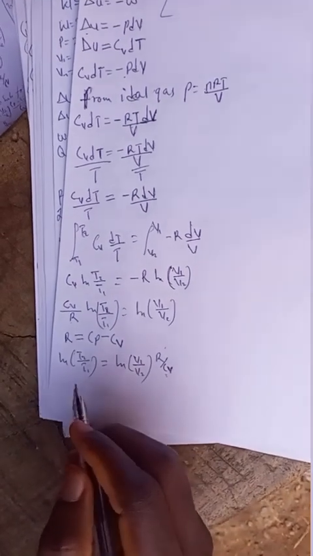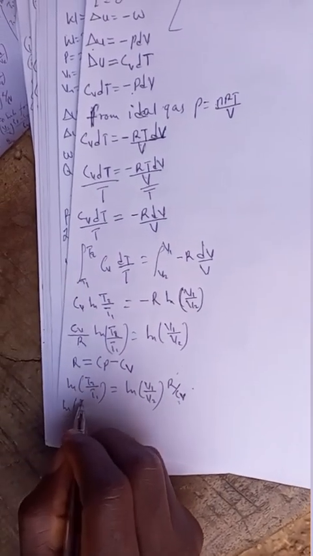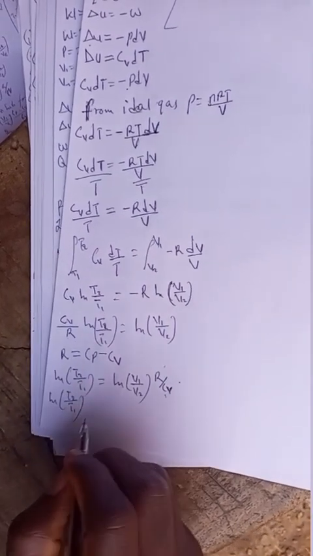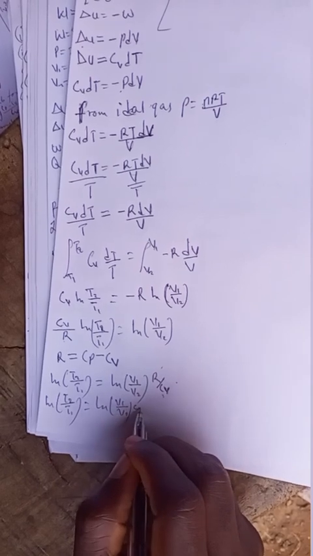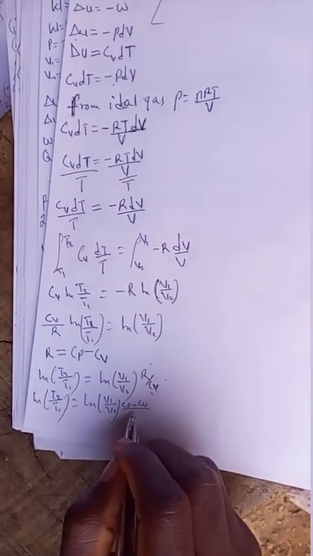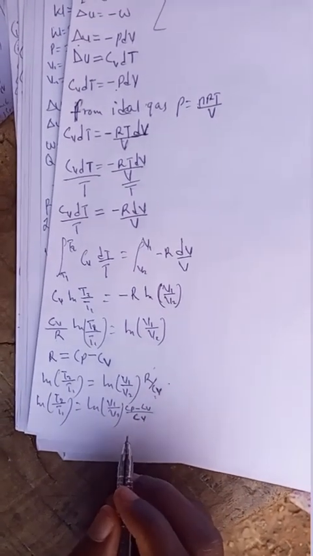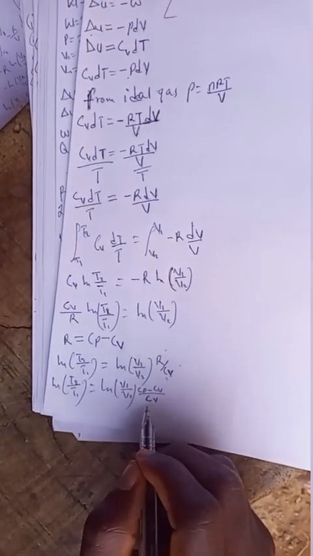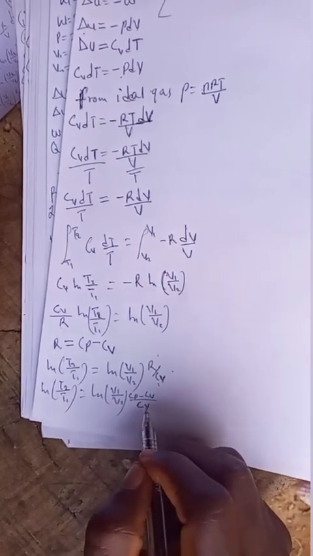So from here, we can now substitute for R at this side. That will now be ln T2 over T1 is equal to ln V1 over V2, and this will be CP minus CV divided by CV. So if we do it separately, this is like CP over CV minus CV over CV. So if CV cancels CV, it will be 1.